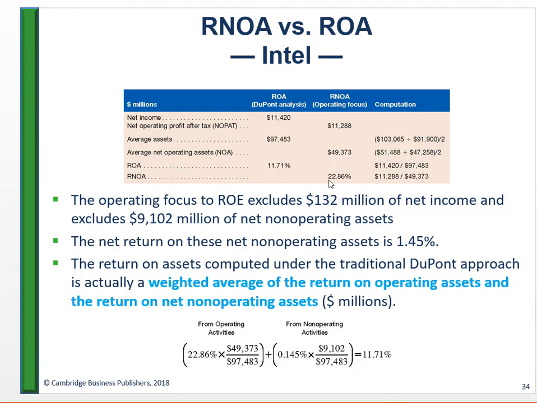If they can generate 22% return on net operating assets, but they're only actually returning 11.7% on total assets, what are they doing with those other $50 billion in assets? Is that a cash hoard that Intel has on their books that they've saved up for a rainy day?